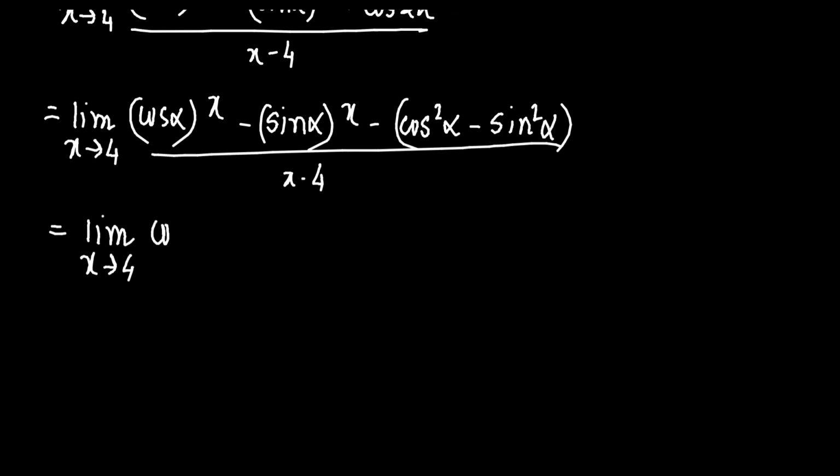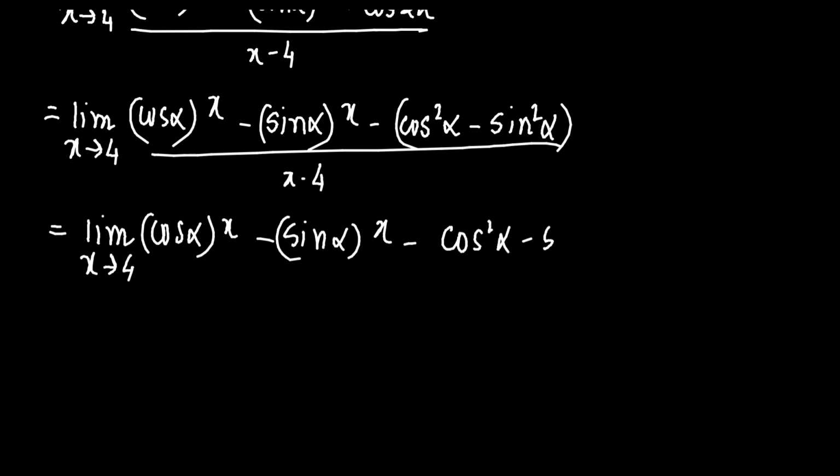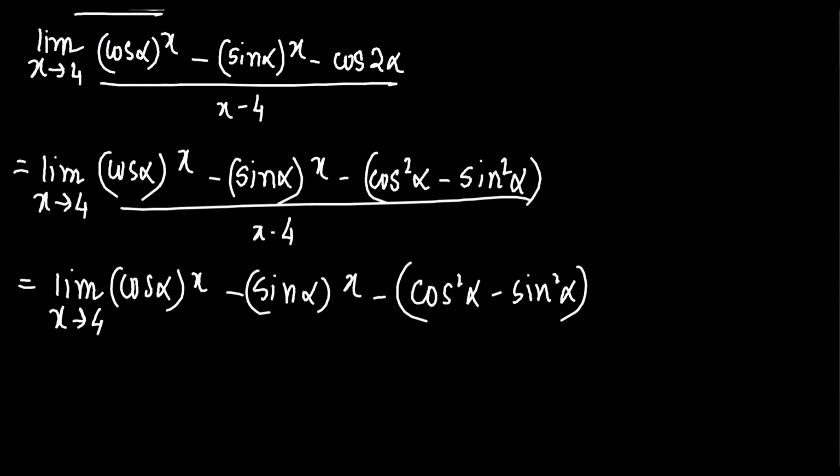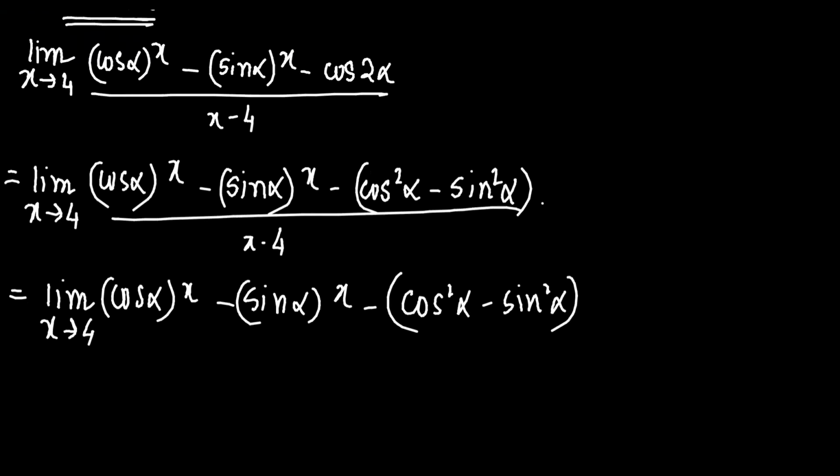Limit x tends to 4, cos alpha to the power x minus sin alpha to the power x minus (cos squared alpha minus sin squared alpha). Now another very important thing: it is cos squared alpha minus sin squared alpha, and nothing is mentioned here, that means it is into 1.